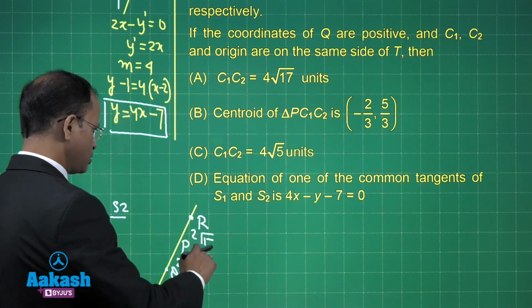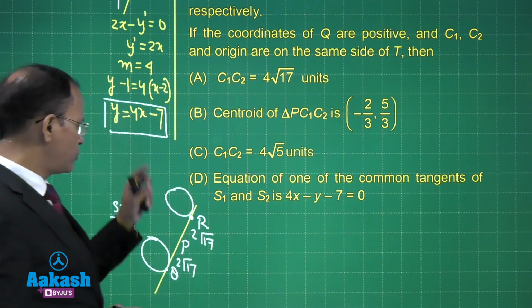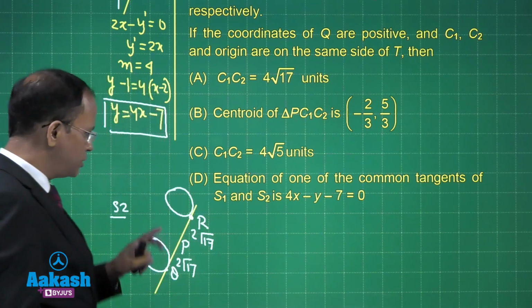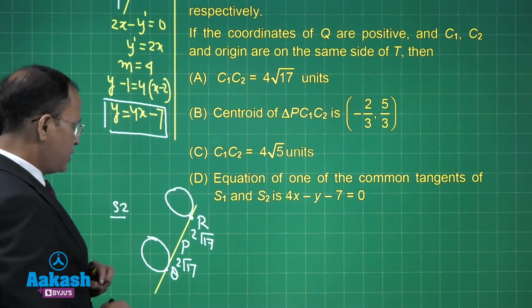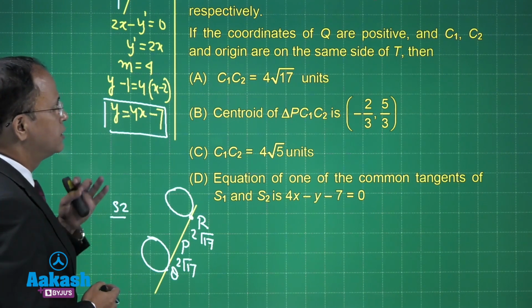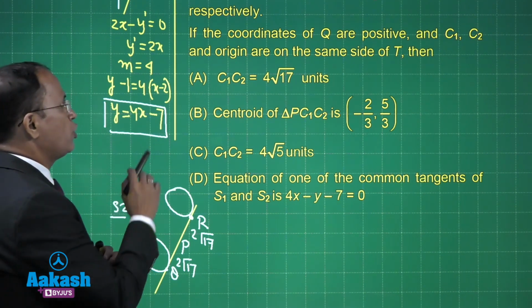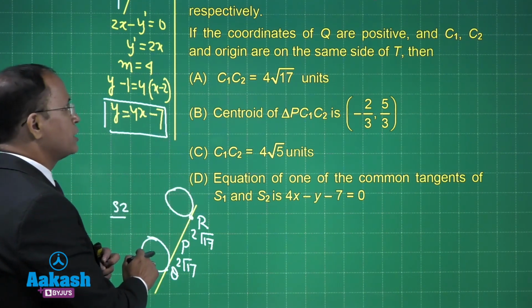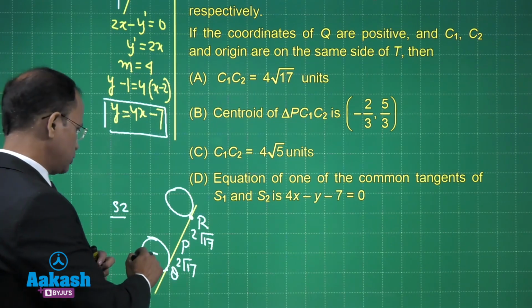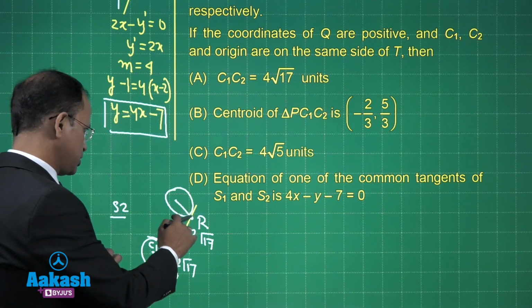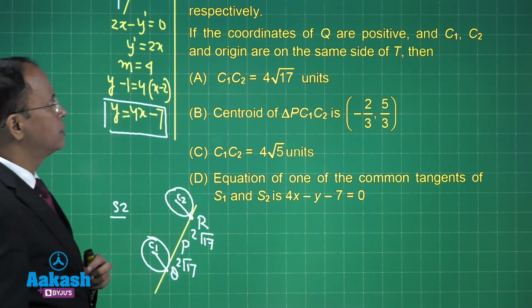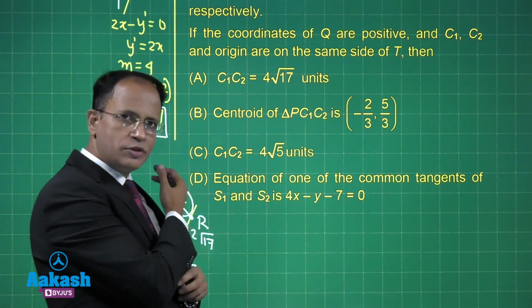This is what has been given to us. The common tangent is tangent to these 2 circles also. The coordinates of Q are positive, and C1, C2, that is, the centres, and the origin are on the same side of the tangent.